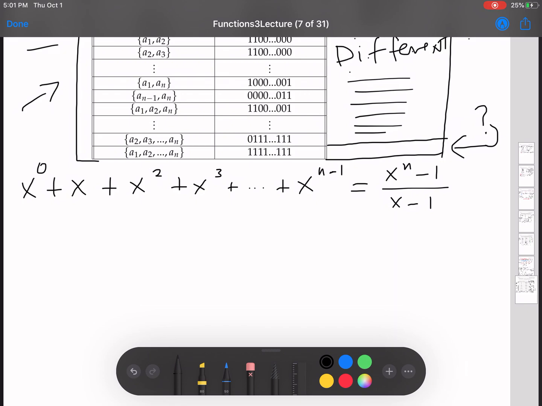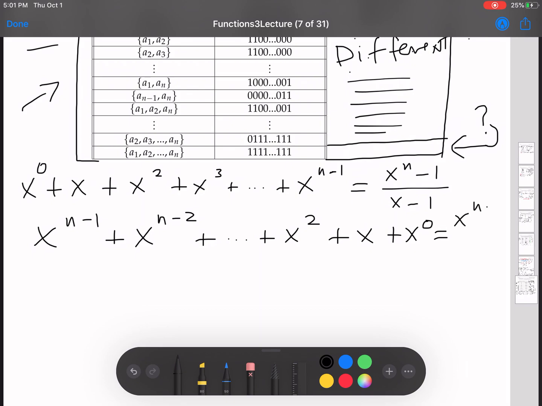Another way to write this, because you can write addition in any order, I could write it as x to the n minus 1 plus x to the n minus 2 plus ... plus x squared plus x to the 0 equals x to the n minus 1 over x minus 1. Okay, so I'm going to write it like that.